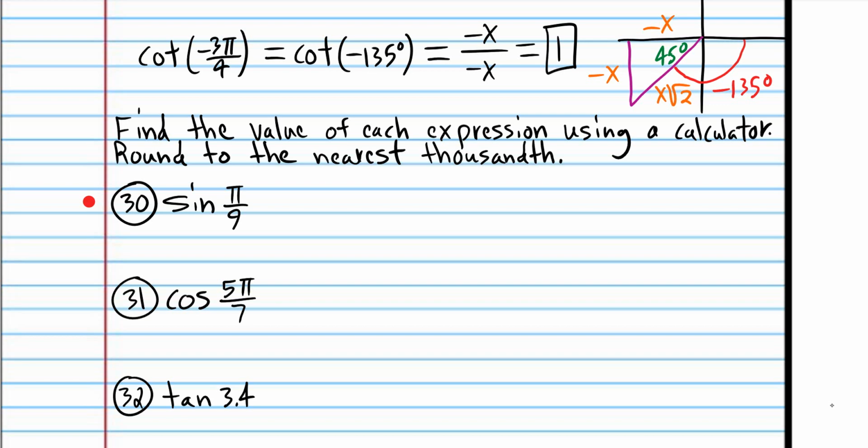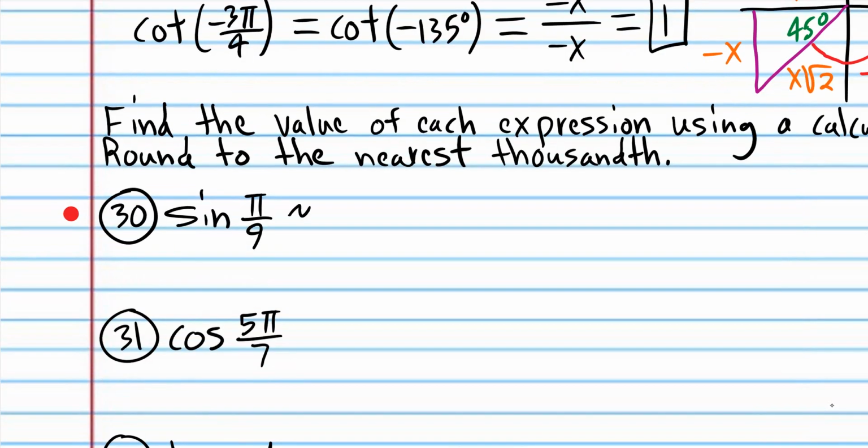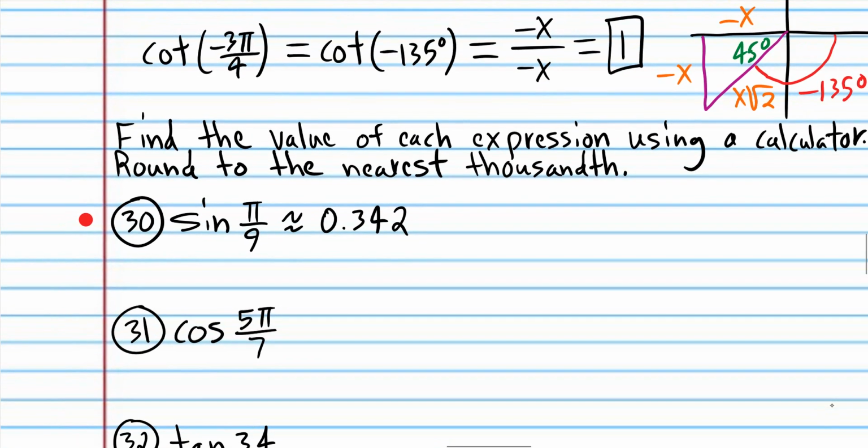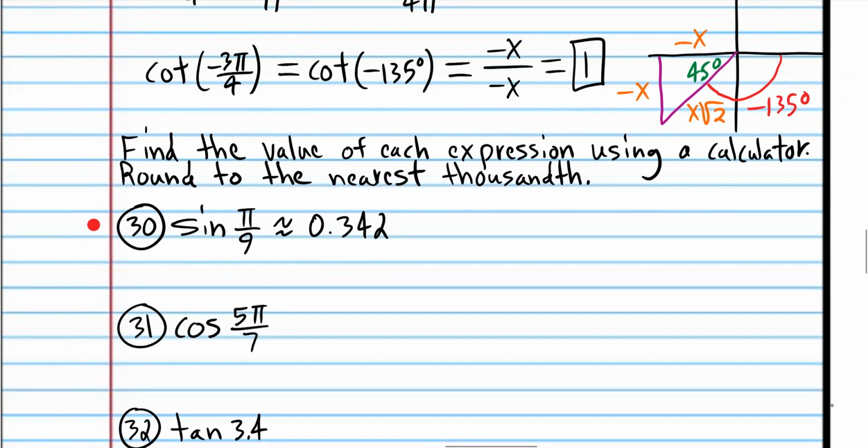Push that, then push divided by 9, and then enter. You don't have to have an end parenthesis. And we get 0.342, and we're rounding to the nearest thousandth, so we can just leave the answer like that. So there you go.